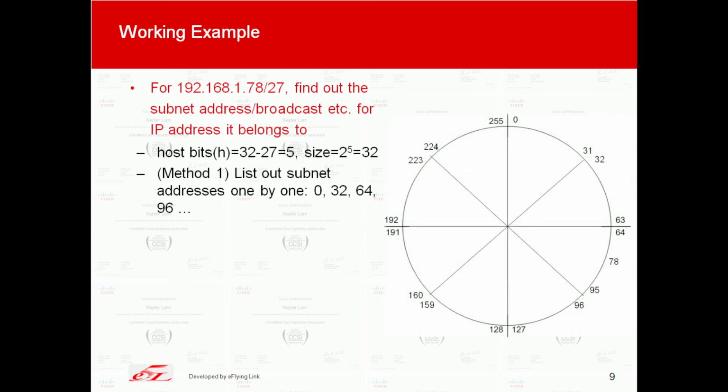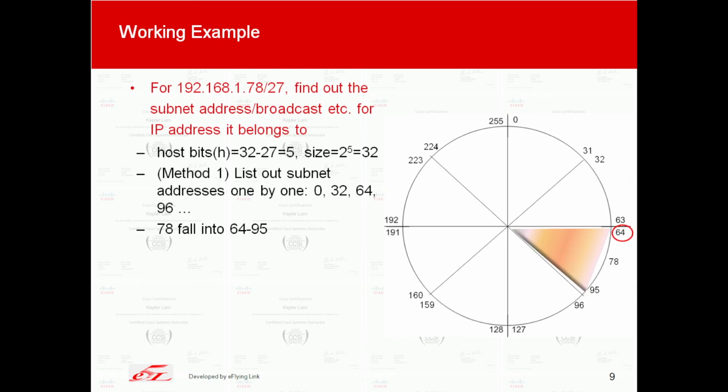Then you immediately get 0, 32, 64, 96, and then find out the multiple that's just less than the last byte of the IP address. In this case it is 70. So the multiple just less than 70 is 64 in this example.